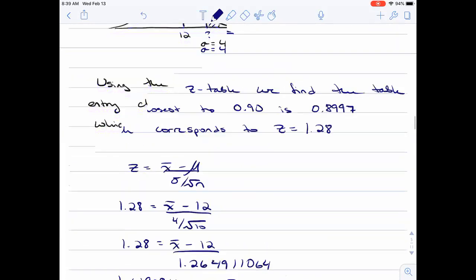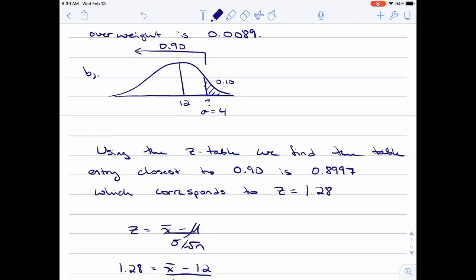What you could have done if you wanted to, in finding this Z of 1.28, is say, well, if I want the 0.1 here, instead of using the 0.9, I don't really see the point, but if you want, then if I find 0.1, that's just going to be the negative version of the Z that I need, right? Just keeping in mind that it's symmetric.